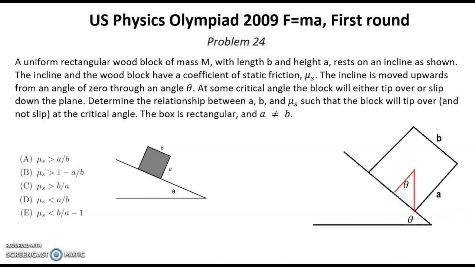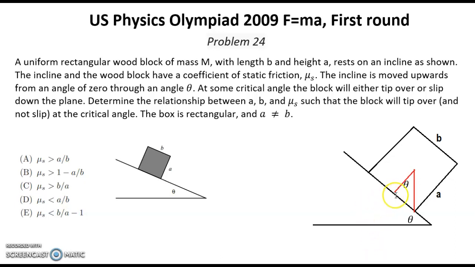So that's the picture. I can remind you that the critical angle is the angle at which the block starts to slip, when tangent theta equals mu static.